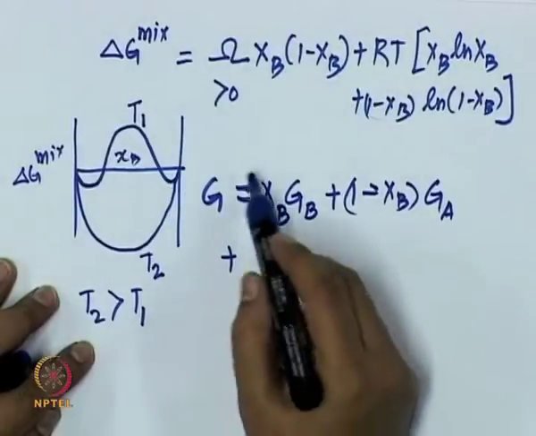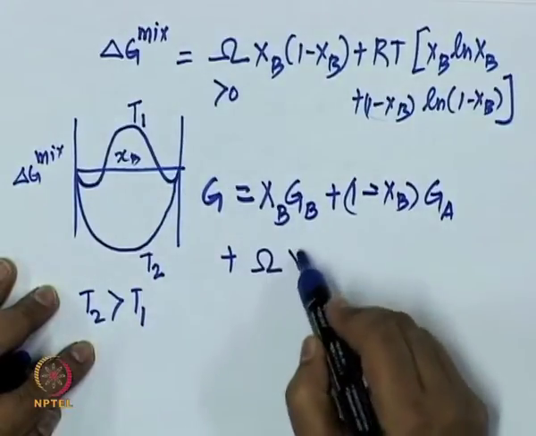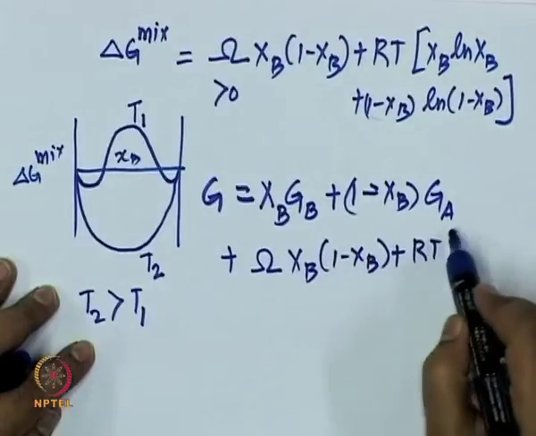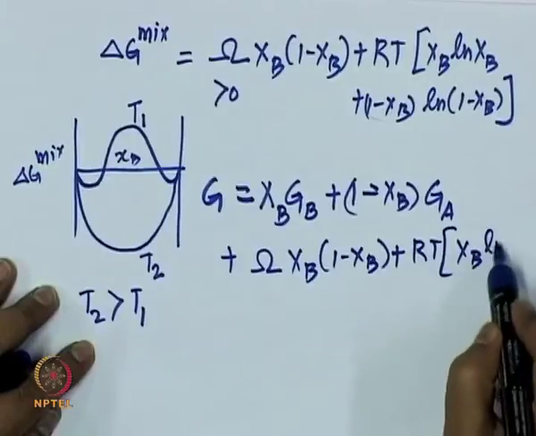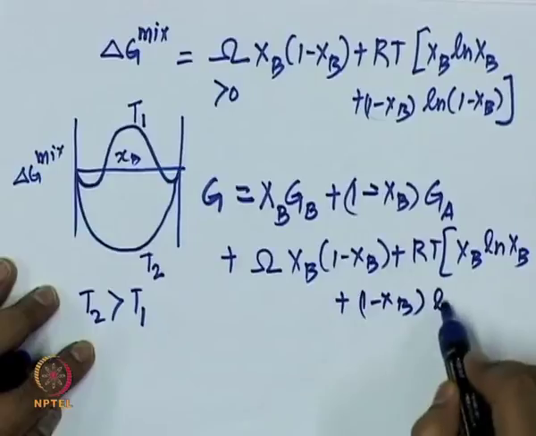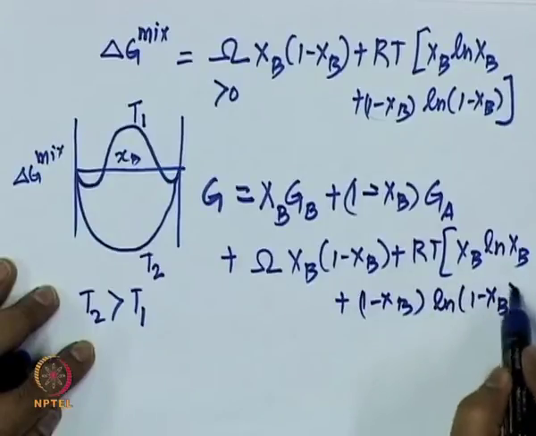That will be the total free energy, right. So, omega x b (1 minus x b) plus R T [x b ln x b plus (1 minus x b) ln(1 minus x b)], right.